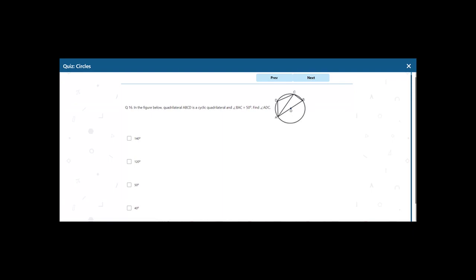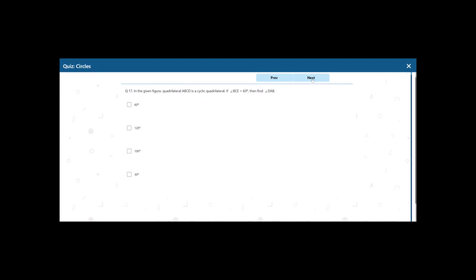So how much is CBA? 40, ma'am. So ADC? 140, ma'am. Yes. That's correct. So we can't say alternate angles because there is no parallel lines here.